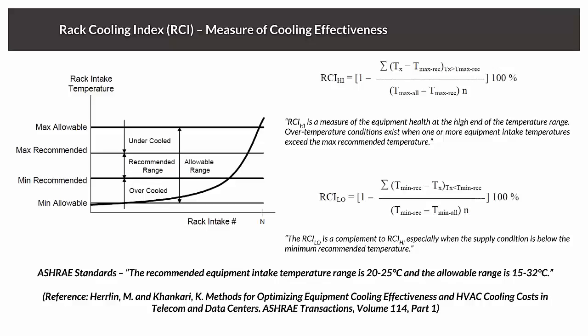We want to make sure that the operating conditions of the air that is being put into the servers are within a range between RCI high and RCI low, which give the standardized limits for operation in such data centers. We will basically take an average of the server intake temperature that we obtain for every server within our system, and we'll calculate the RCI high and RCI low using the formulas above.